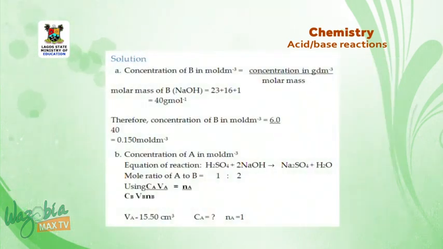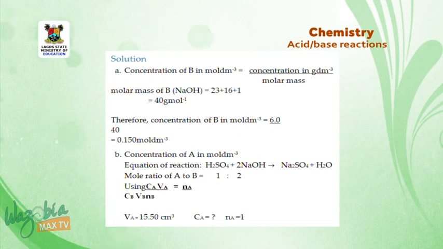Solution. Starting from question A, the concentration of B in mole per dm cube, we are going to use the expression concentration of B in gram per dm cube over molar mass of B. From the question, concentration of B in gram per dm cube is 6.0. To calculate the molar mass of NaOH, we are going to add the relative atomic mass of sodium, oxygen, and hydrogen.